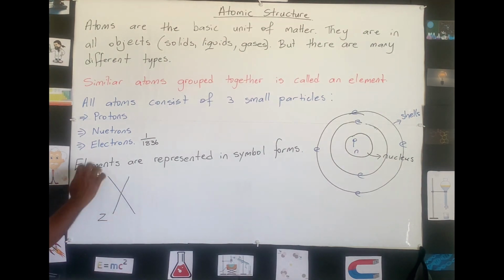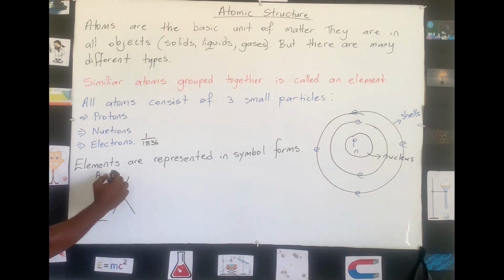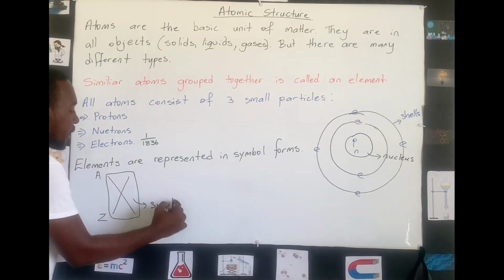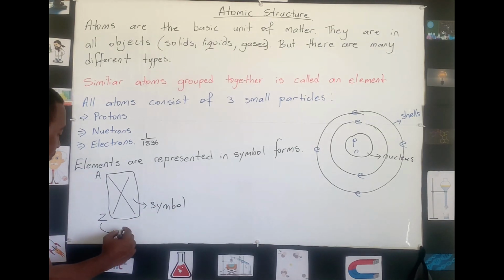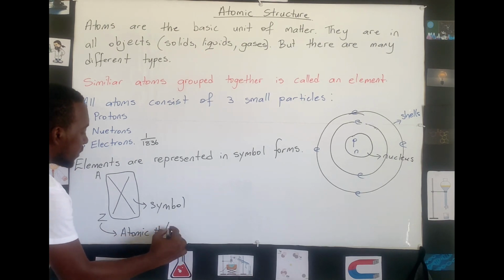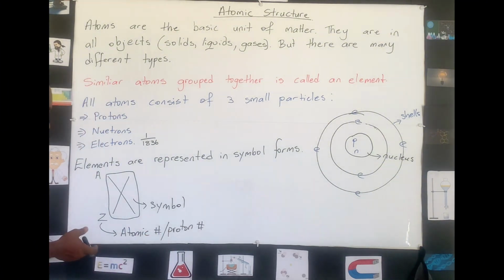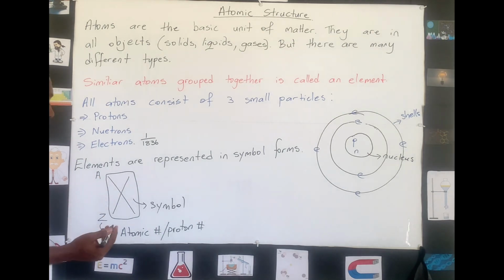Here we have an example, which is the standard, where the X represents the symbol of the element. This Z here represents what we call the atomic number, or the proton number, and it tells us how many protons this specific element has.